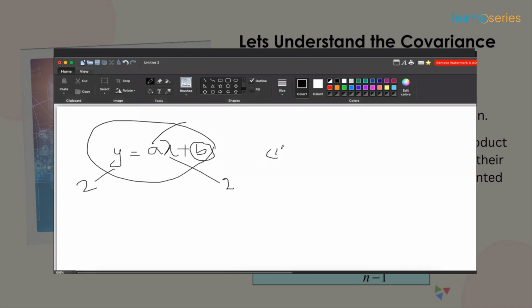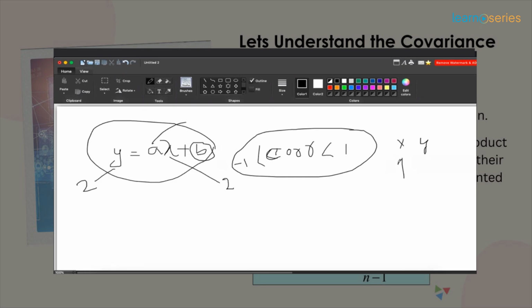The correlation value will be between -1 and 1. It shows, if x and y are the independent and dependent variables, that if x increases, y increases, then they are correlated.